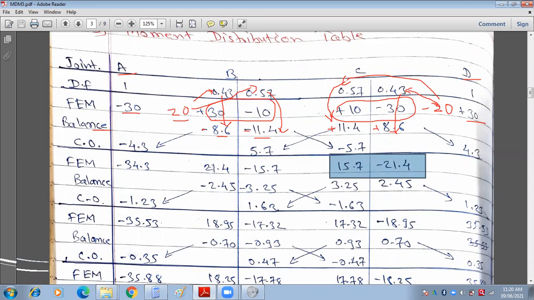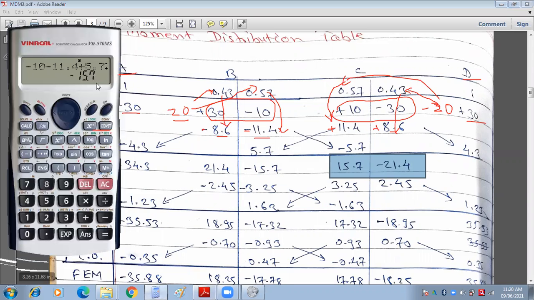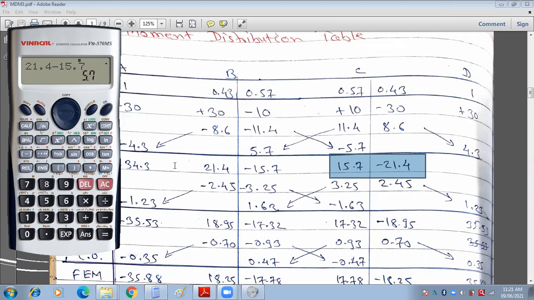Here the difference is 21.4 minus 15.7, the difference is 5.7. I will write down here plus 5.7, and here the difference is minus 5.7.